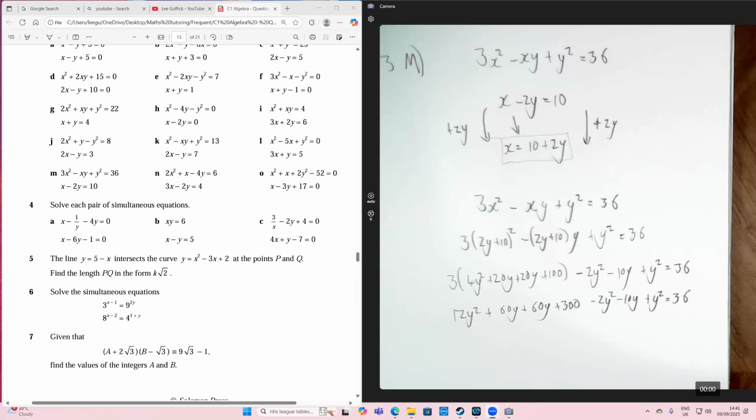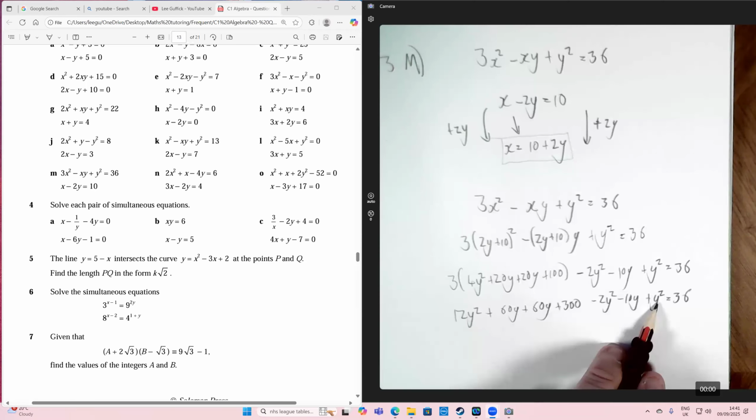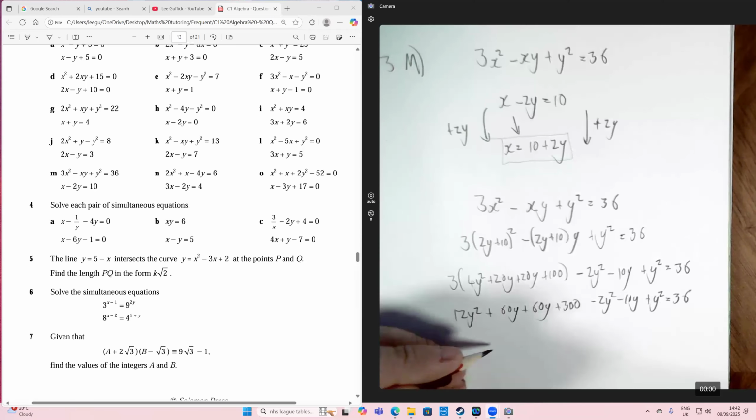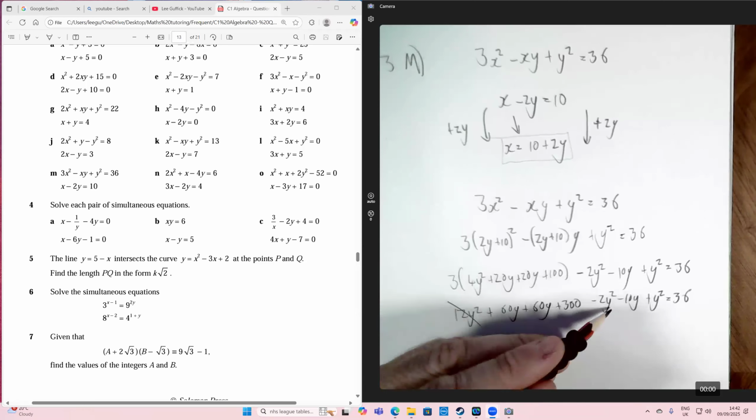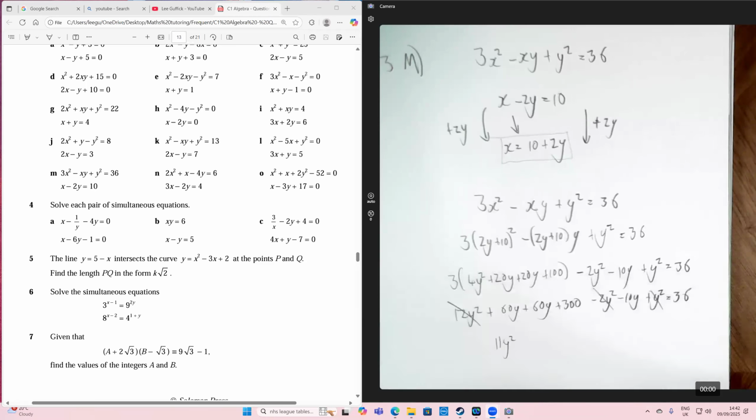Okay, so now it's time to collect like terms. Let's gather all of these terms together. We've got 12y² and minus 2y² and plus y². So that is going to be 11y² because 12 take away 2 is 10, add 1 is 11.